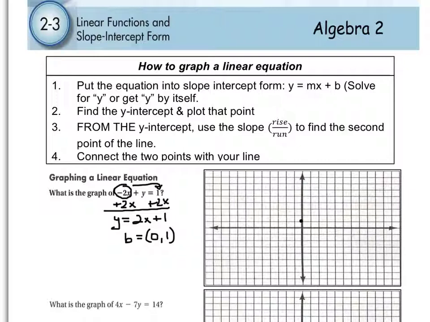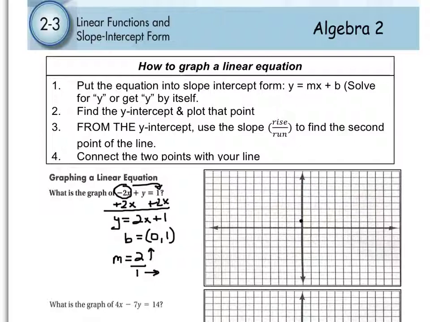Next part, we have to identify the slope from this equation. Well, the slope is the number in front of x, which happens to be 2, or 2 over 1. Remember, the top number tells me I go up or down, the bottom number tells me I go right or left. I go down if it's negative, I go left if it's negative.